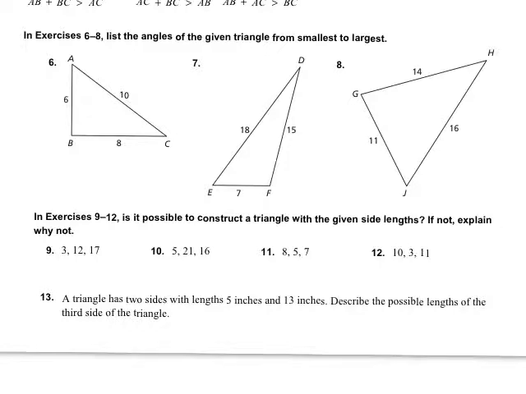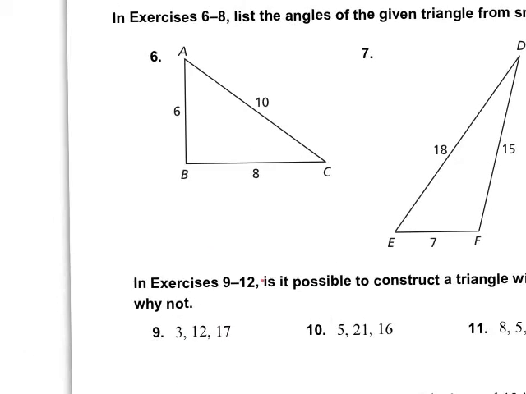Okay, so on 6 through 8, if I am going angles smallest to largest, I'm looking for the smallest side, so the angle opposite the smallest side. So the smallest side is 6, so the opposite angle would be C. So I would do angle C. You got to be careful with what's an angle marker and what is an inequality sign.